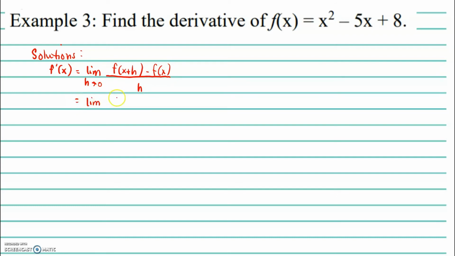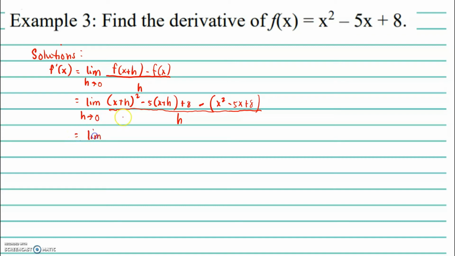So we have here the limit of x plus h squared minus 5 times x plus h plus 8, minus x squared minus 5x plus 8, all over h as h approaches 0.